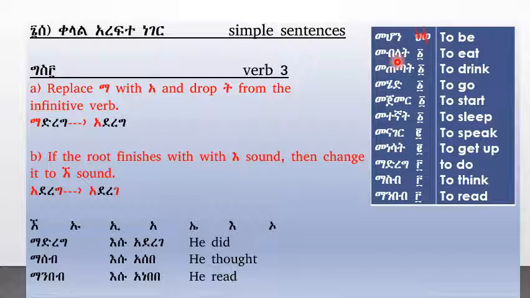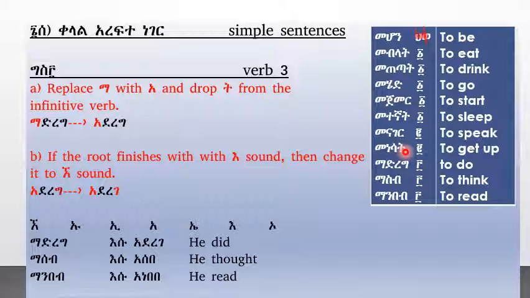Now, መብላት, it is group one. If it is one, drop መ, drop ት, and it's not allowed, በላ. መጠጣት ጠጣ. መሄድ ሄደ. መጀመር ጀመረ. መተኛት ተኛ. መናገር ተናገረ. መነሳት ተነሳ.